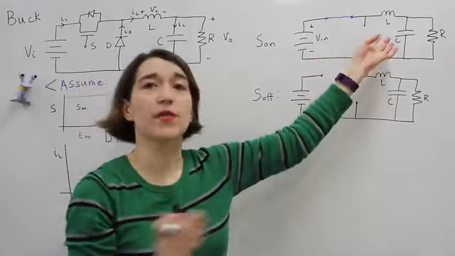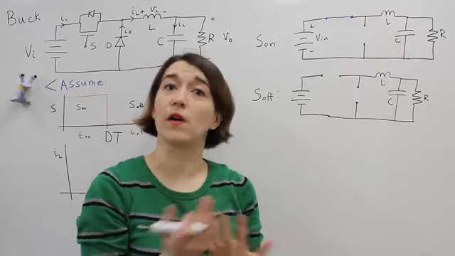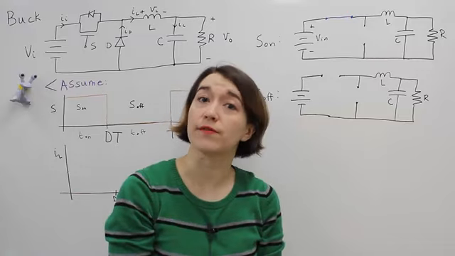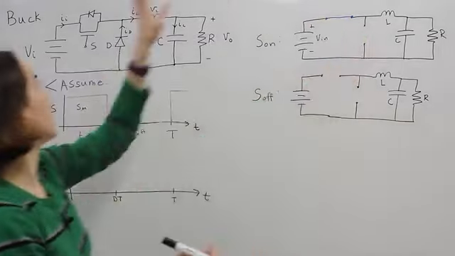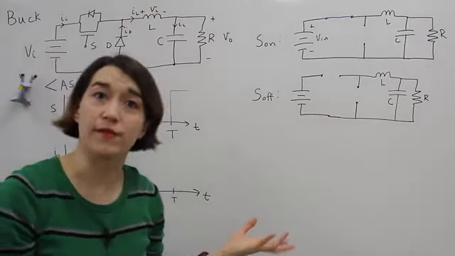And the other components are all the same. The resistor, capacitor, and inductor are all connected in the same way. It's just the switches that we have to figure out if they're on or off. So this area is where the diode is, and you have to say, is this diode going to be on or off?